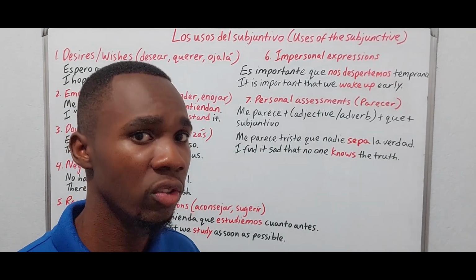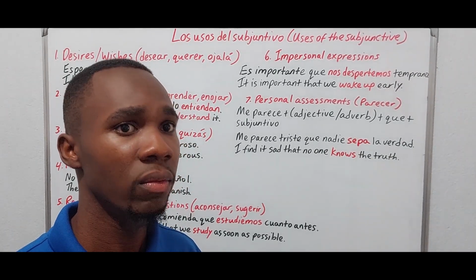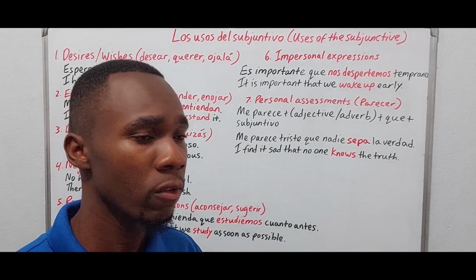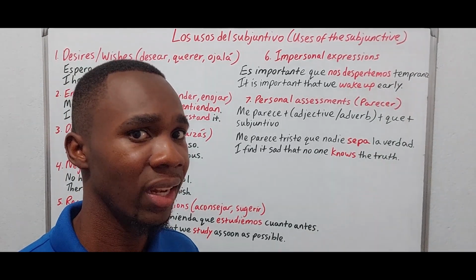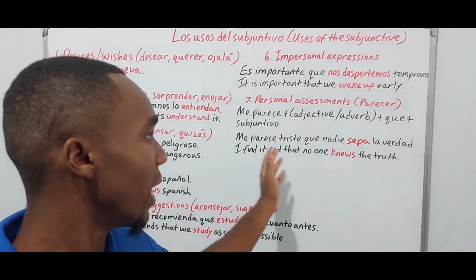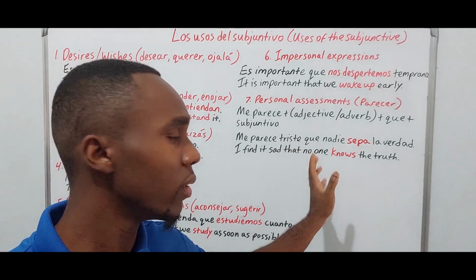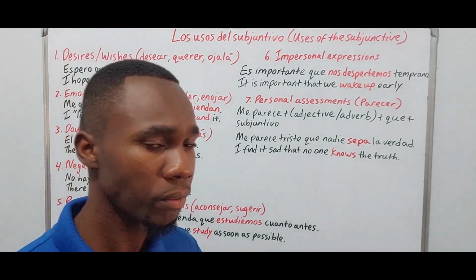If we do not use an adjective or an adverb, then we do not use the subjunctive. The subjunctive is only required if an adjective or an adverb is used. As you see here, me parece triste que nadie sepa la verdad. Okay?